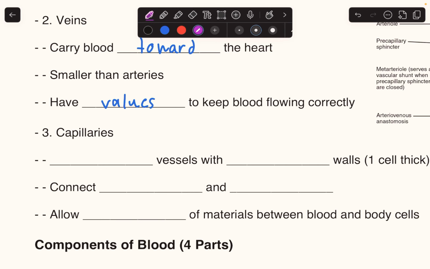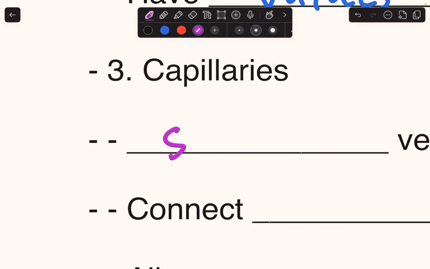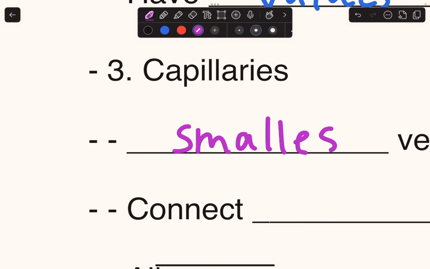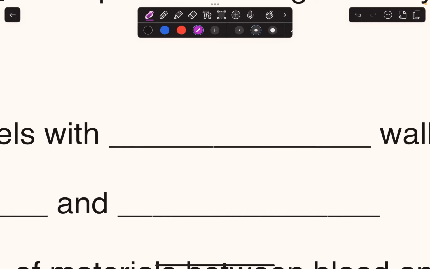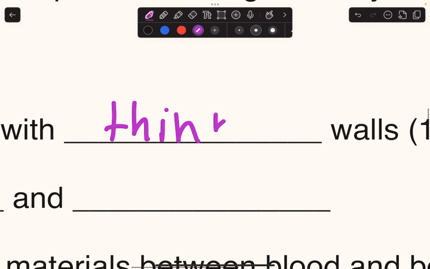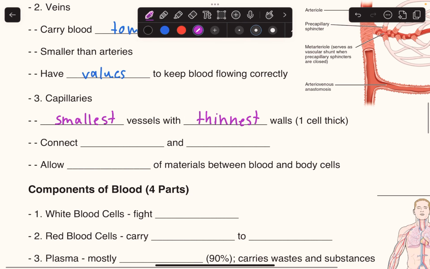Capillaries are the smallest. They are itty bitty, very tiny, with the thinnest walls.